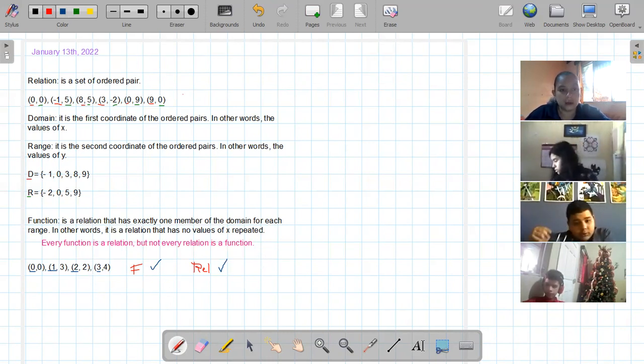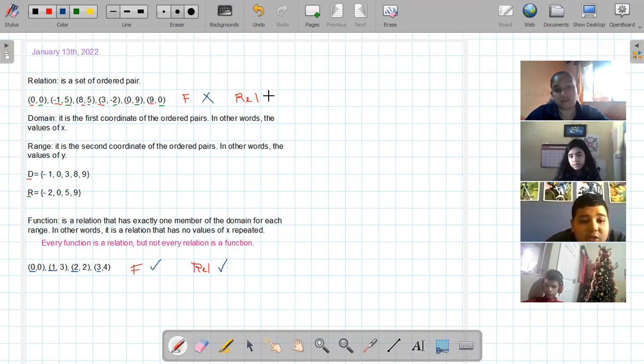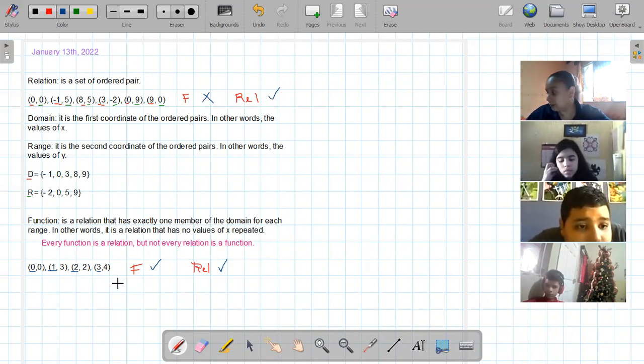In the previous case, it was not a function because it has the 0 repeated, but it is a relation because it is a group of ordered pairs. Are we clear so far? This is one way of finding if it is a function, by paying attention to the values of x and seeing if you don't have any number repeated.